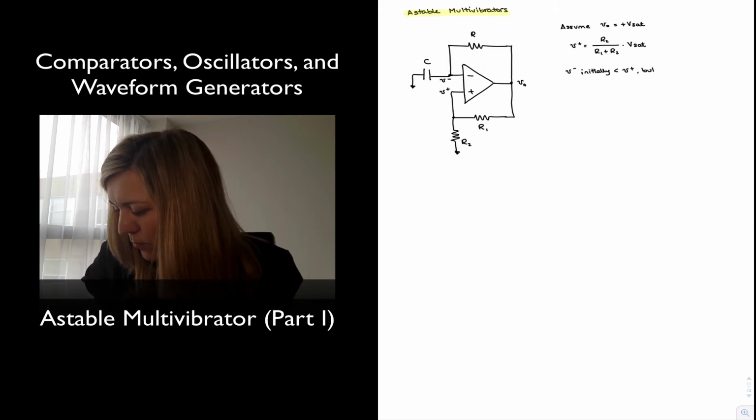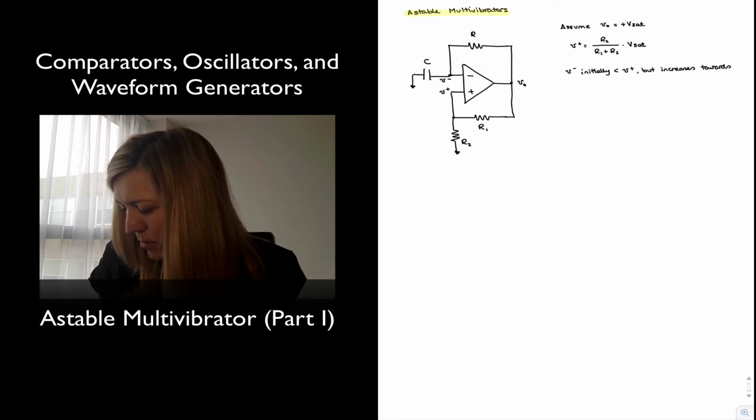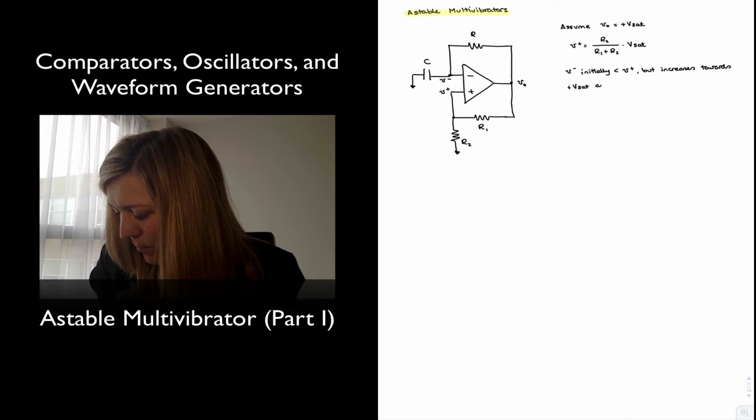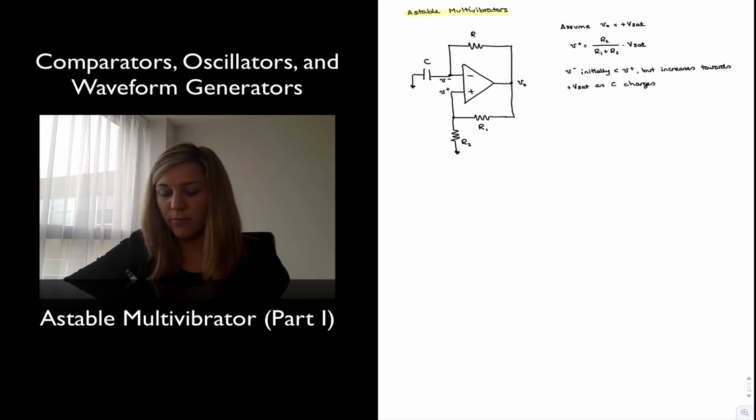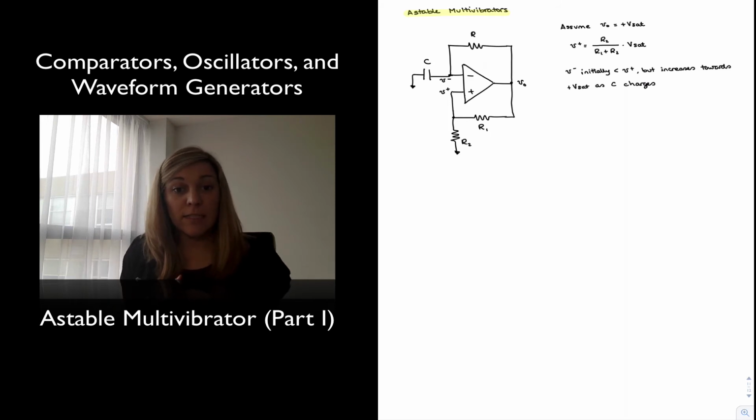But V minus increases towards the positive saturation voltage as C charges. And ideally, if it continued to charge, it would finally reach the saturation voltage.